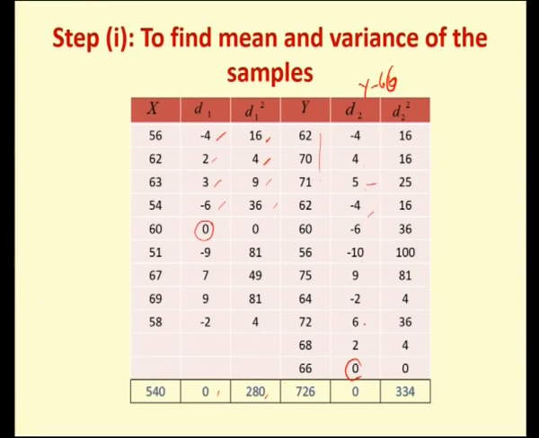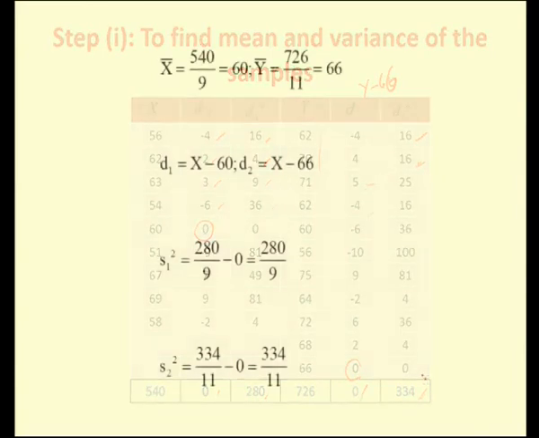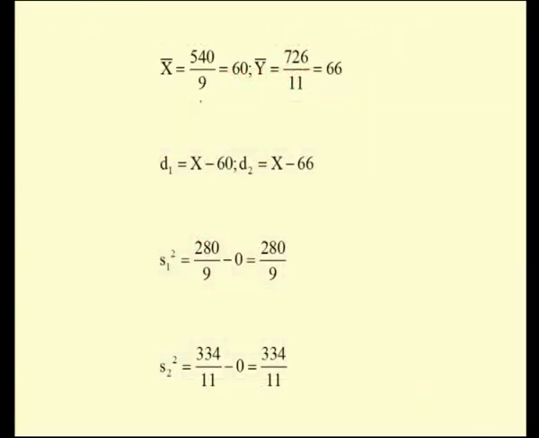Proceeding this way and adding up, you will get your deviation sum as 0. For the last column, you have to square D2, that is D2 squared. Here you will have minus 4 the whole squared, which is 16. Again 4 squared will become 16. Proceeding in a similar manner for the remaining observations, you will find the total is equal to 334.